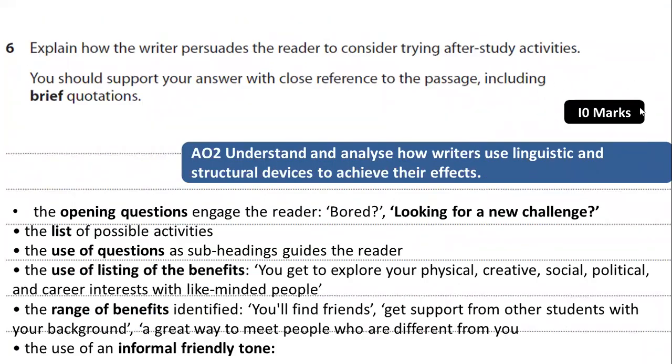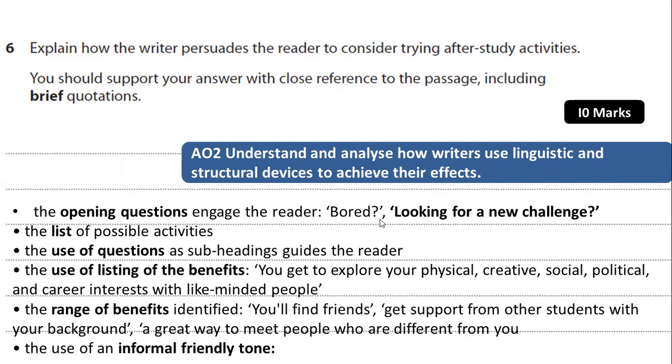If you look at, it's given the same number of marks, 10 marks, and the assessment objective is the same as in question 3. You're supposed to understand and analyze how writers use linguistic and structural devices to achieve their effect. So if you look at some of these points given, the candidate has commented on the opening questions and how it engages the reader.